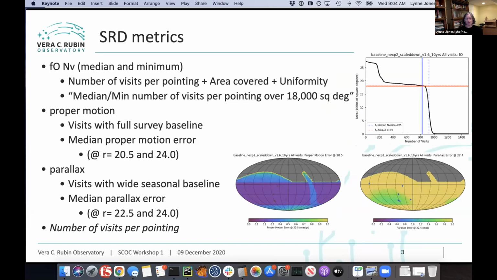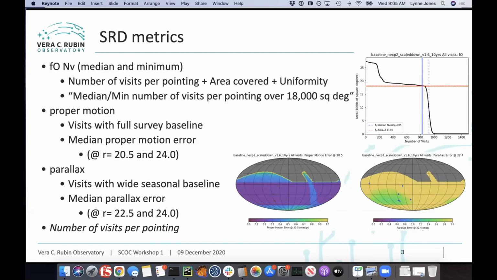If we use the median FOMV, it's saying what is the median number of visits per pointing over the 18,000 square degrees that gets the most visits. This is a way to measure a quantity that is directly spelled out in the science requirements document. This is a pretty important one, and it comes down to being pretty basic. It's telling you just how many visits we got over a large area that is 18,000 square degrees.